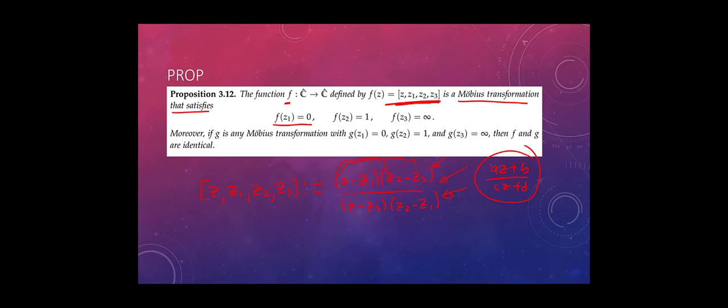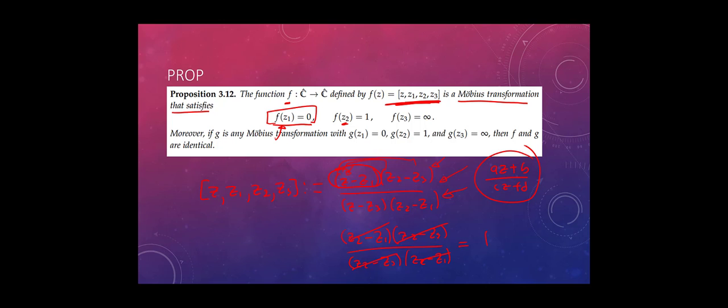Additionally, let's just kind of walk through the computations here. So if you plug in z1, notice this first term here is going to be 0. Okay, so then your output's going to be 0. If you plug in z2, well, you're going to get z2 minus z1, z2 minus z3, z2 minus z3, and z2 minus z1. And notice we get a bunch of cancellations. These cancel out like that. These cancel out like that, and all we're left with is 1.